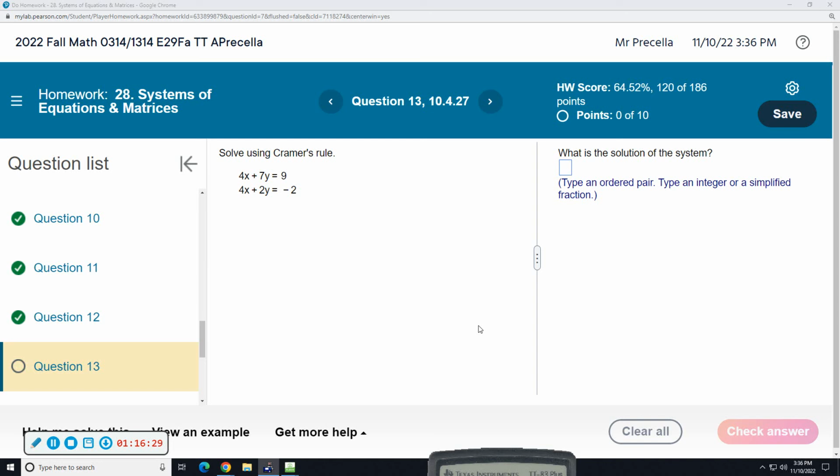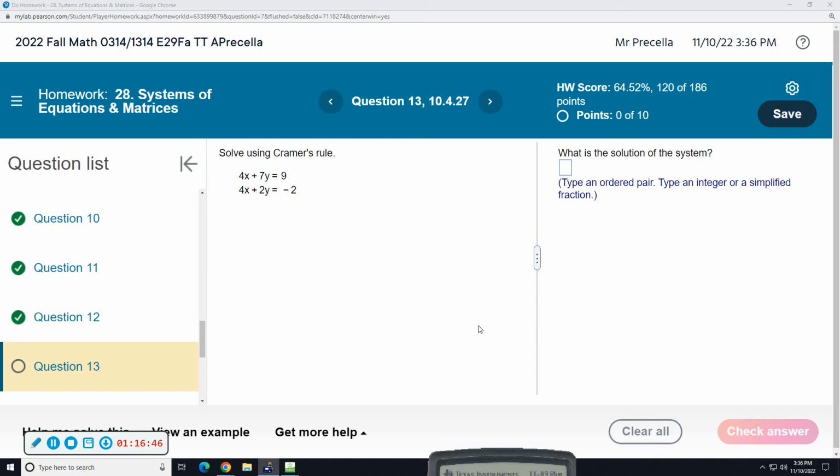Okay. So this Cramer's rule is a way of solving this without elimination or substitution. It uses determinants to solve the system. So let me write out Cramer's rule.